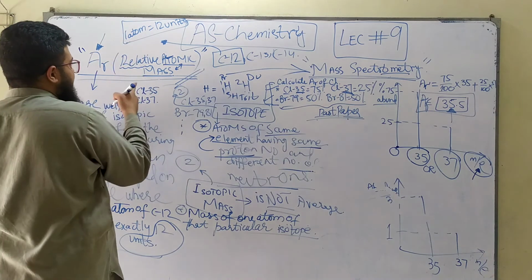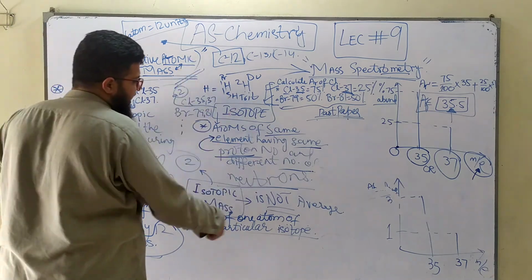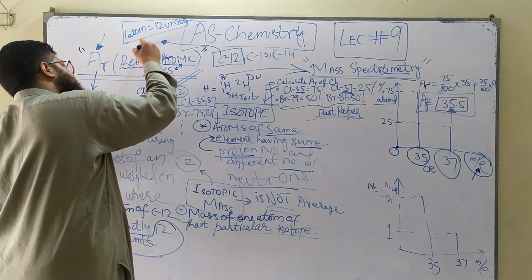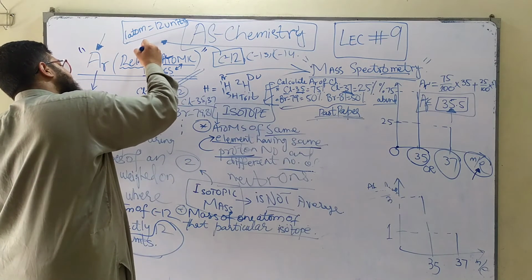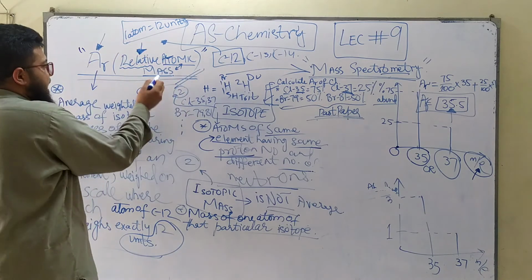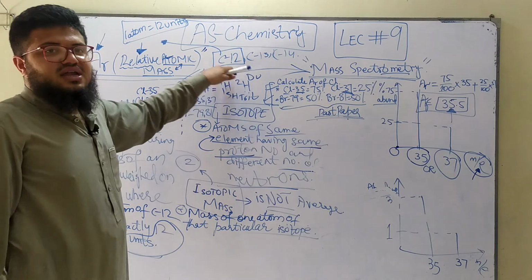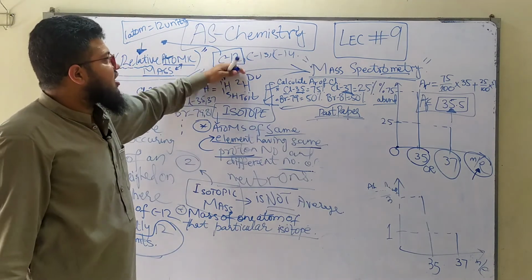Since we are comparing the masses of all the isotopes to carbon 12, that's why the name is relative atomic mass. It's relative to the mass of carbon 12.